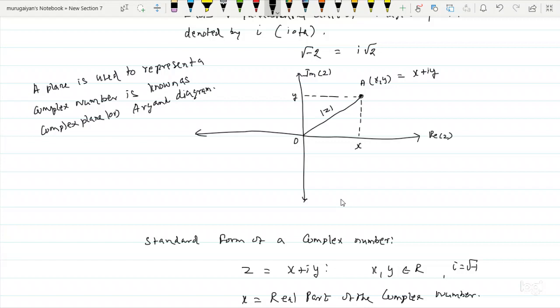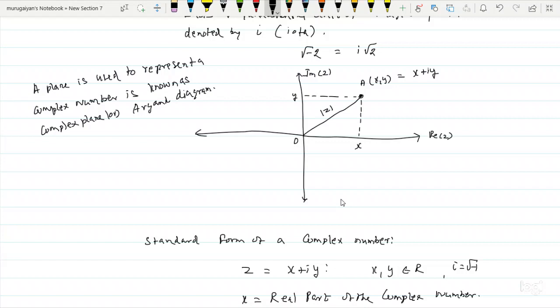The distance of the point A on the complex plane from the origin is called the magnitude or modulus of the complex number.